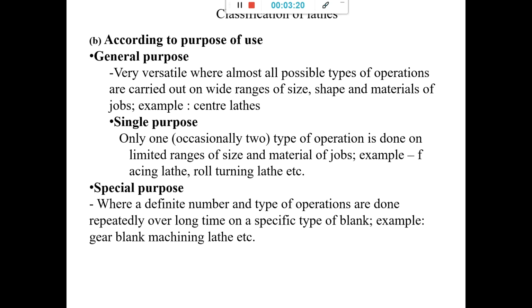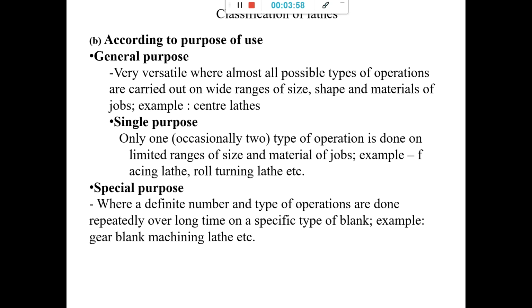Okay. Now, according to purpose of use, lathes can be classified in three types. First is general purpose, second is single purpose, and third is special purpose lathe. The general purpose lathes are very versatile, where almost all possible types of operation are carried out on a wide range of size, shape and materials of jobs.